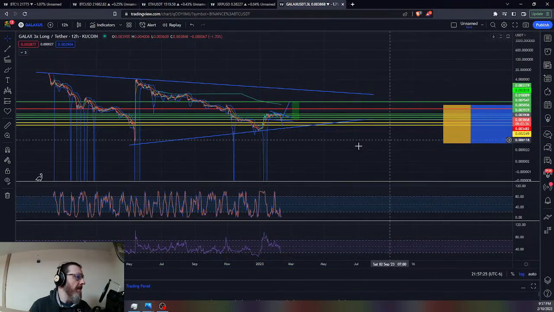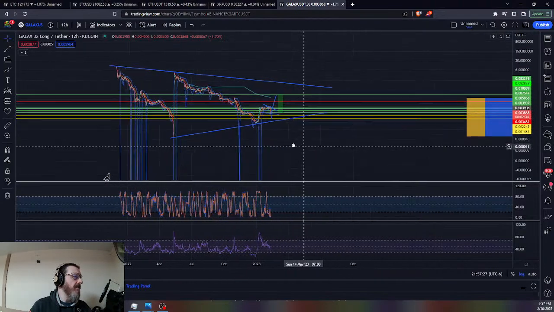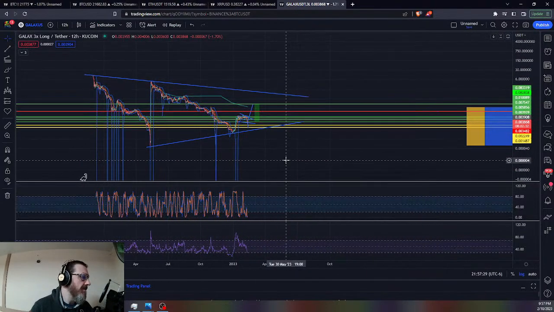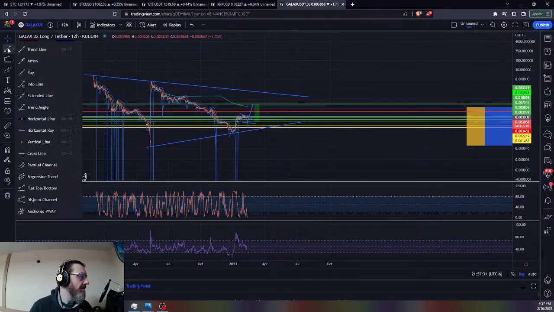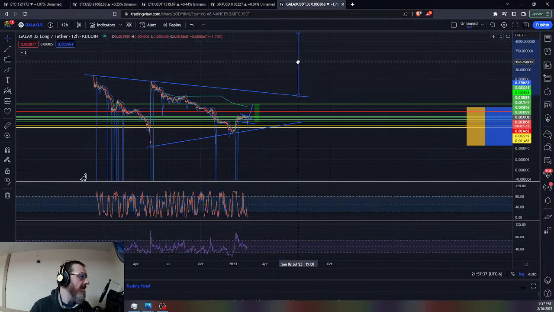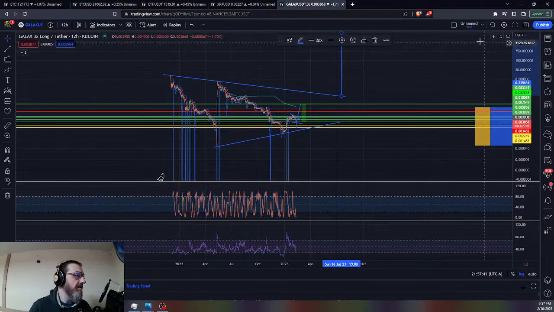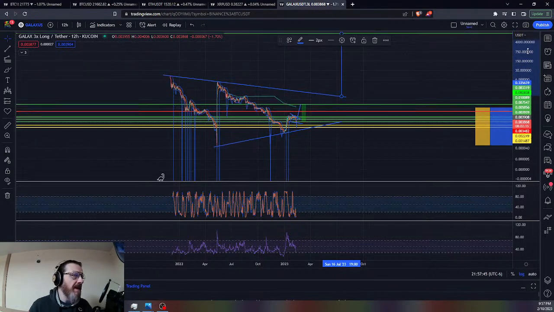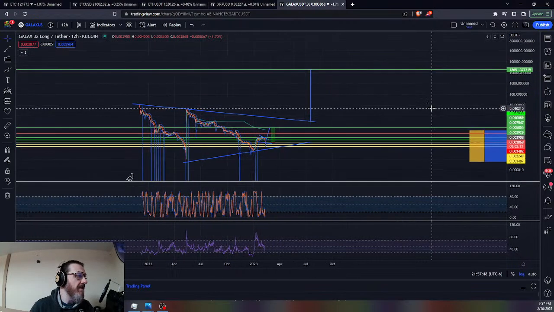So that in itself is pretty symmetrical. So if that were ever to break out, you would see that ETF just absolutely go ape.